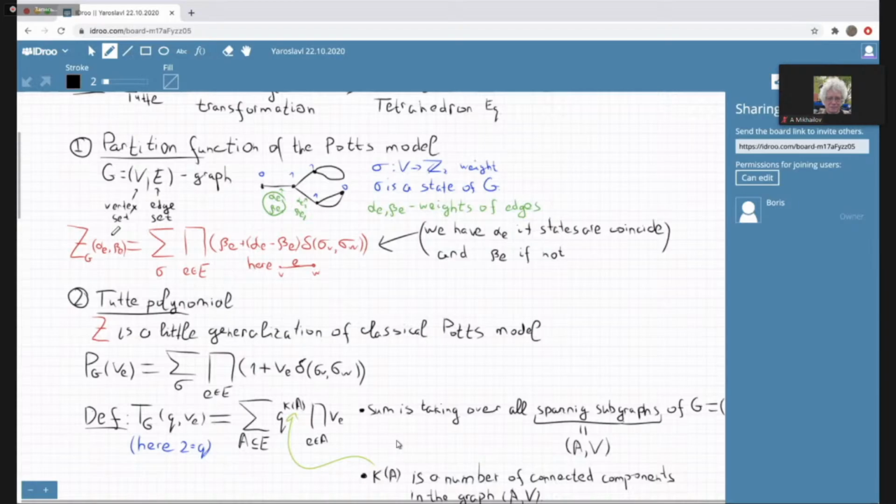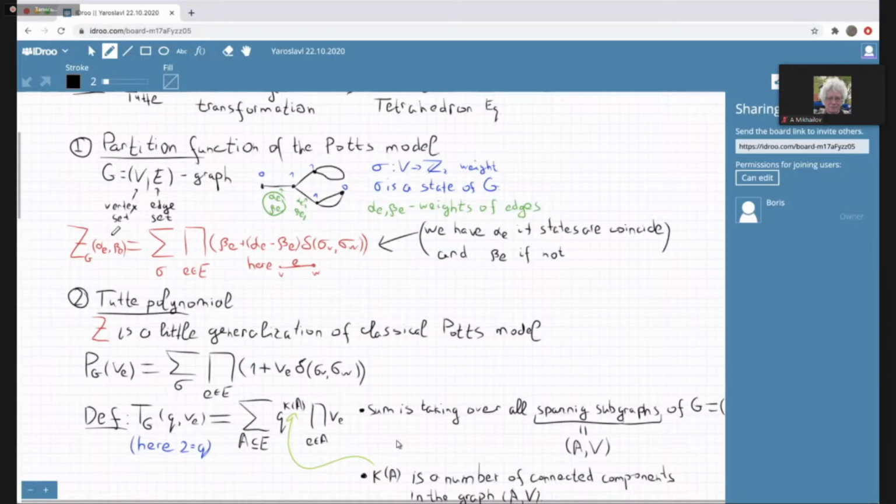What I'm going to do during the talk is transform my graph G by the star triangle transformation, which I'll define later, and check how my partition function Z will change.